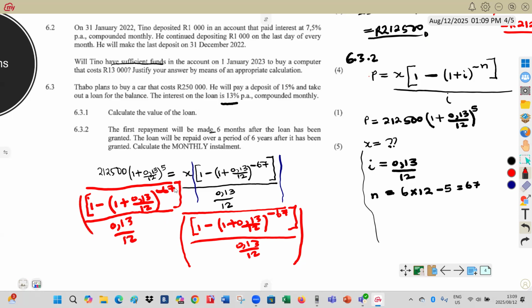So if you check, this one is on this other side also. So from what we are having, it means this whole part will divide by this whole part. We are just left with x.